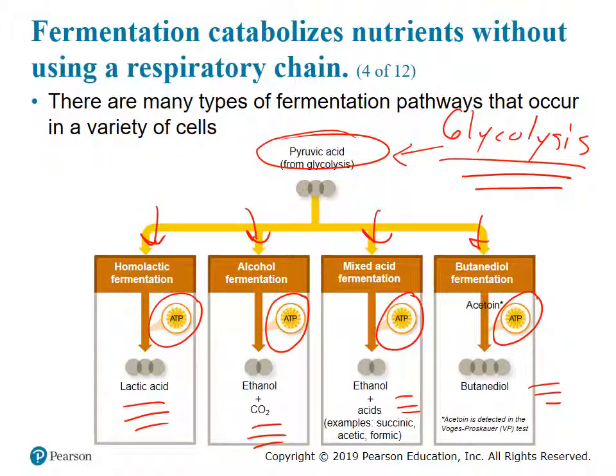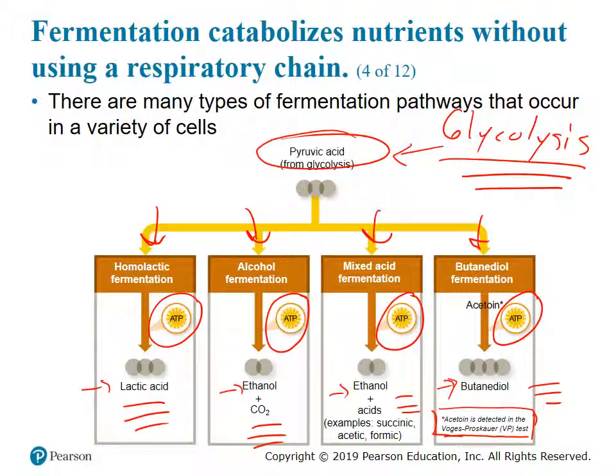Side products like lactic acid, ethanol, and some other acids, and butanediol. Okay? Which you can actually detect if this type of fermentation occurs in what we call the VP test.